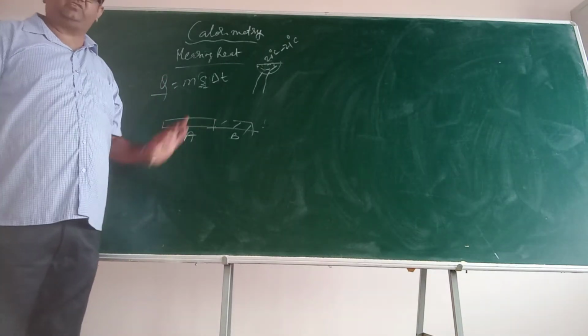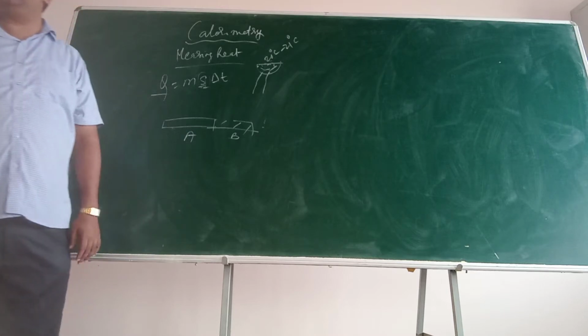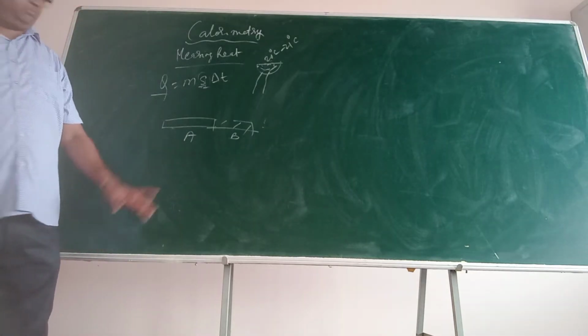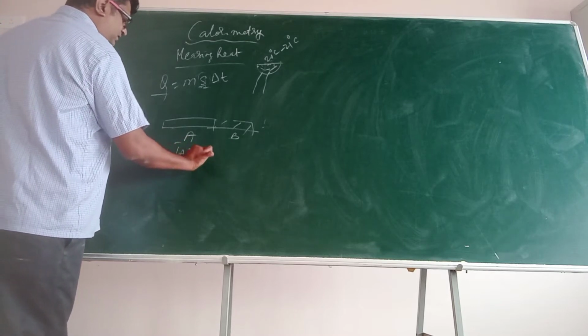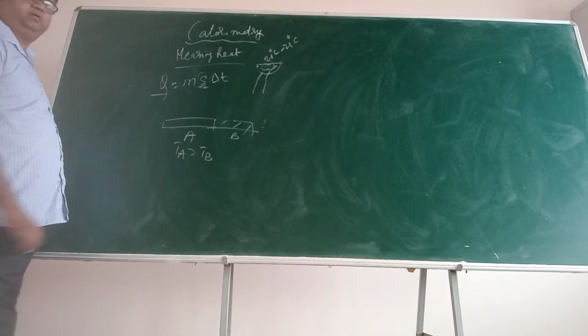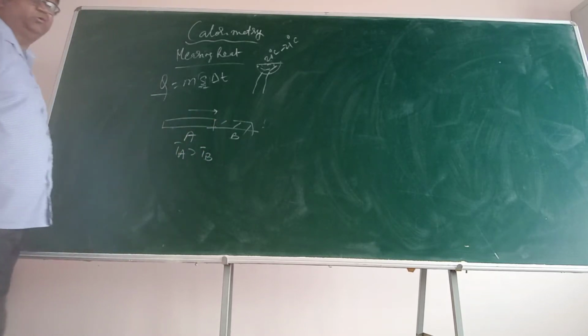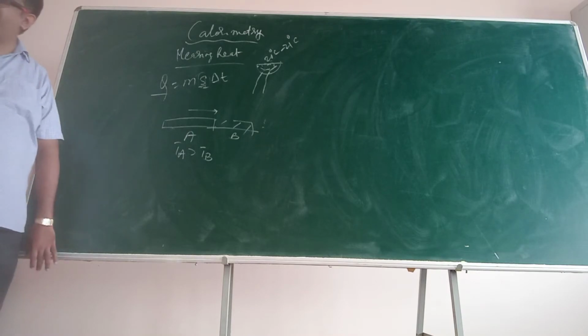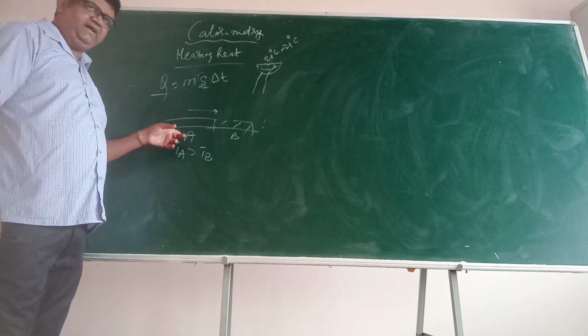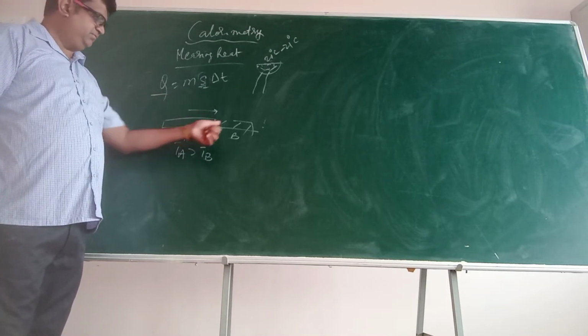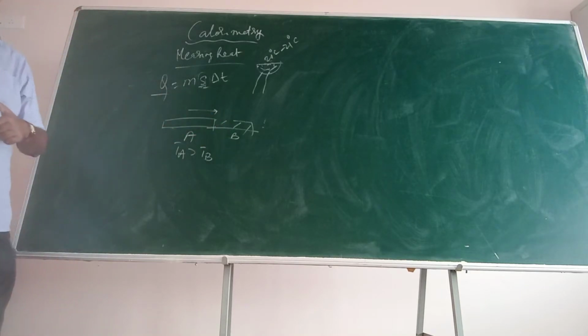If both temperatures are the same, heat will not flow. But if temperature TA is more than TB, heat will flow. Correct? So what is happening? A is giving heat, and B is taking heat.